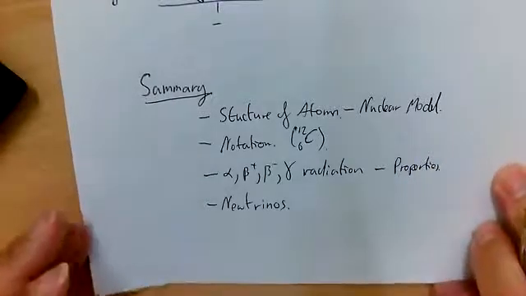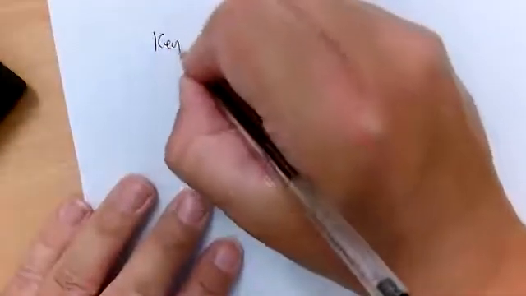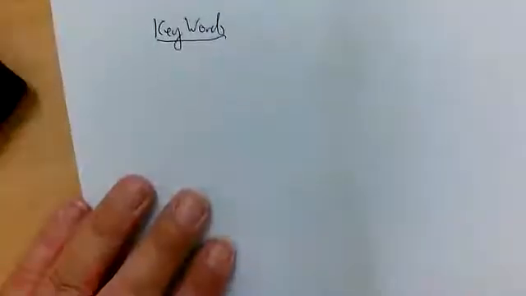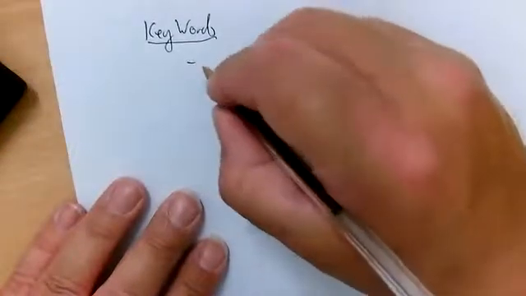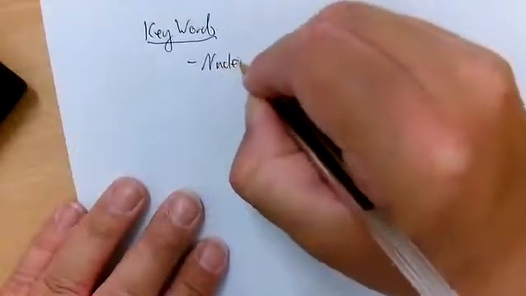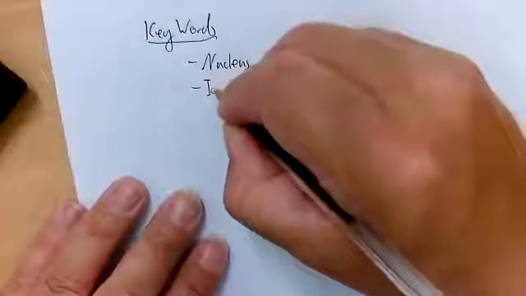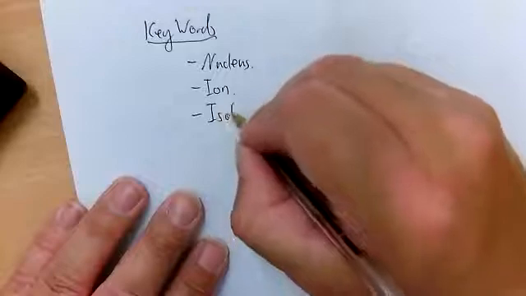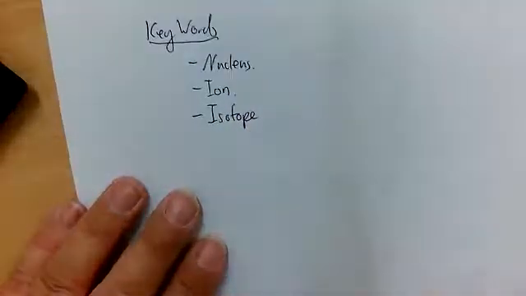We also have learnt some of the key words, some of the key words that you do need to know the definitions of. So those key words are the easy ones that we all know, the nucleus, ion. You need to know what an isotope is. An isotope, you remember, is an atom with a different number of neutrons but the same number of protons.